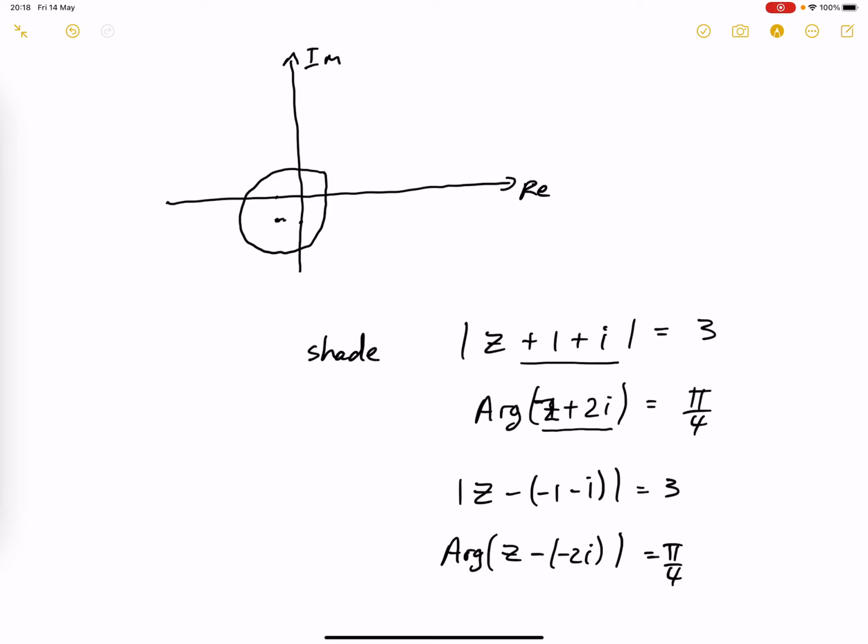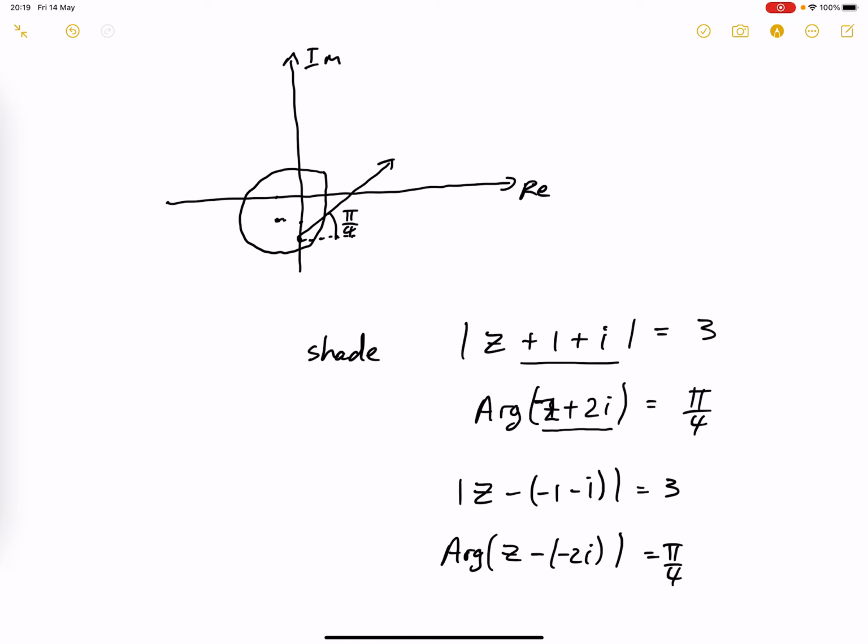So this will be below this point here, but also above where the circle intersects, because the circle has a radius of 3. So around here, and we're going to draw our line to the normal, the positive real axis, and then we are going to draw our line out at 45 degrees.